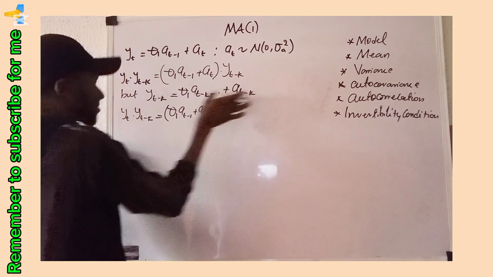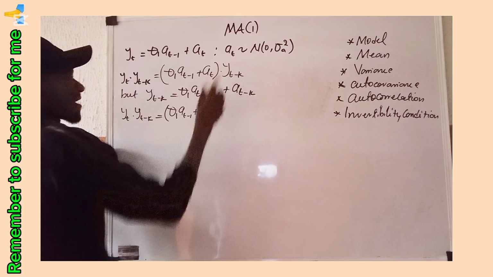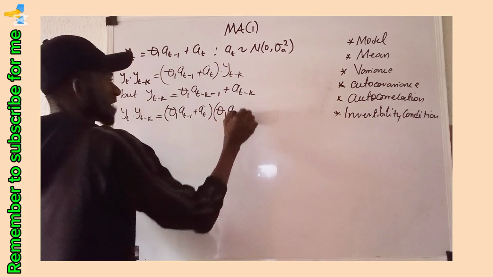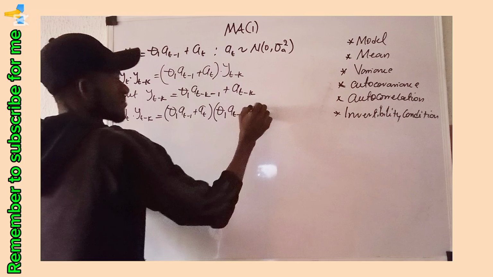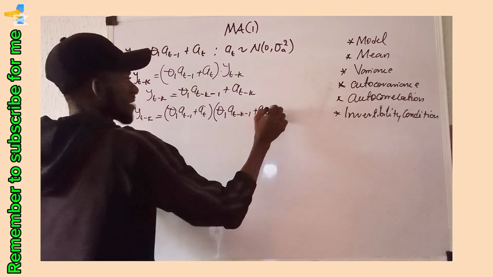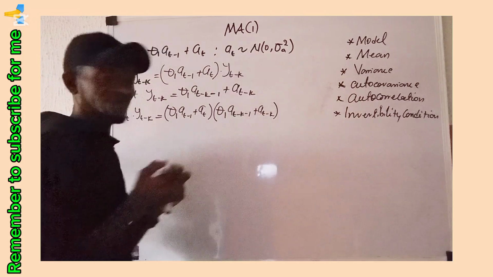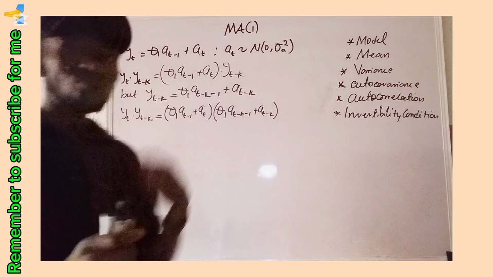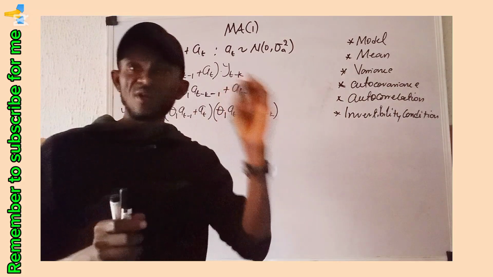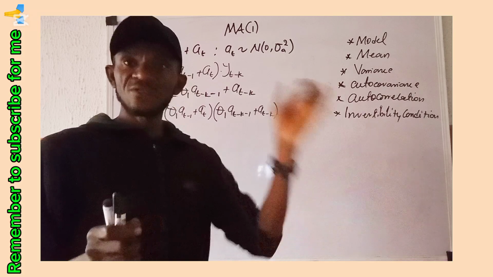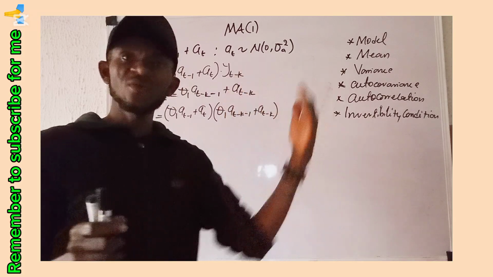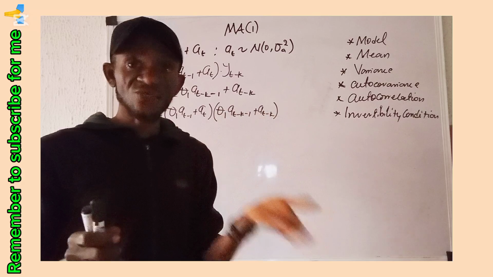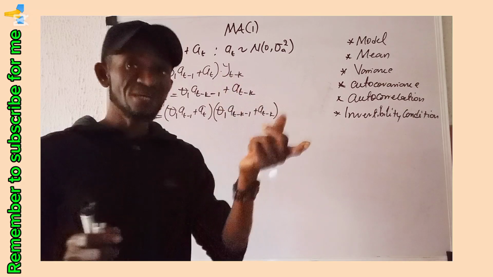Open again, put the value of y of t minus k, which is theta 1 a of t minus k minus 1 plus a of t minus k. Close the brackets. With this, we are going to begin to make assumptions. Let k be equal to 1, get the value. Let k be equal to 2, get the value. But we are going to start from scratch when we say let k be 0.